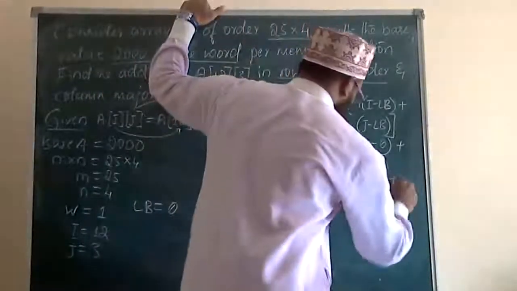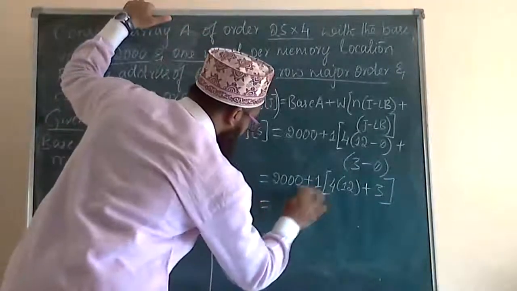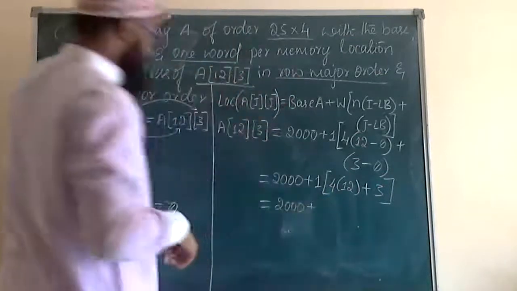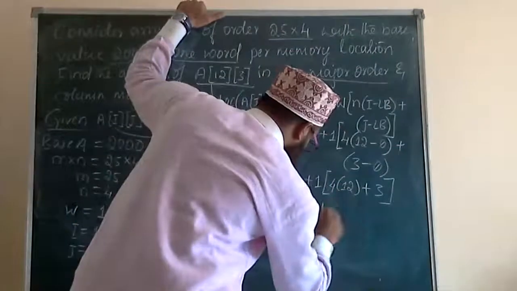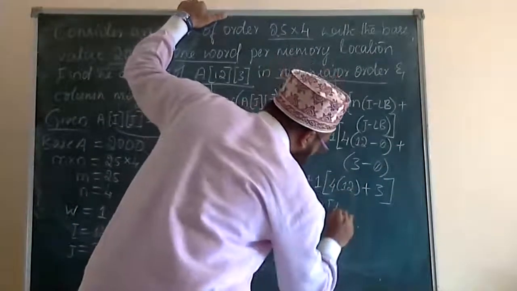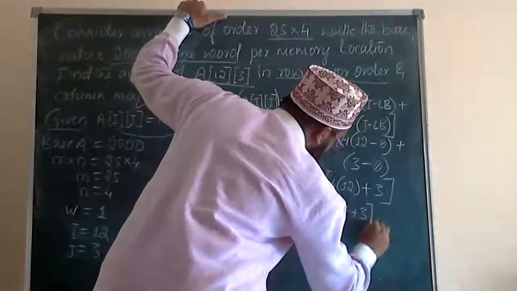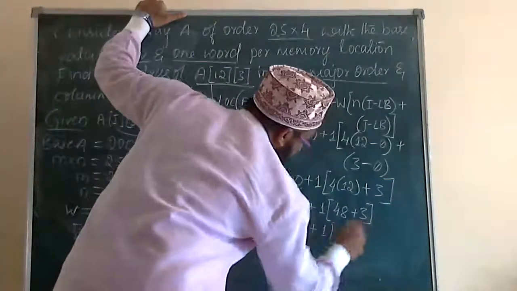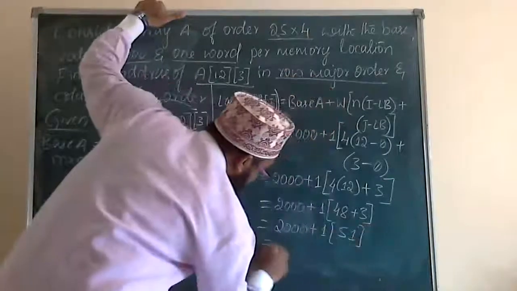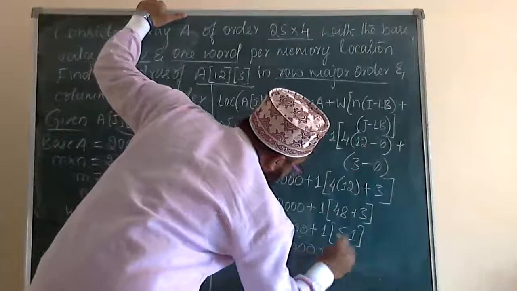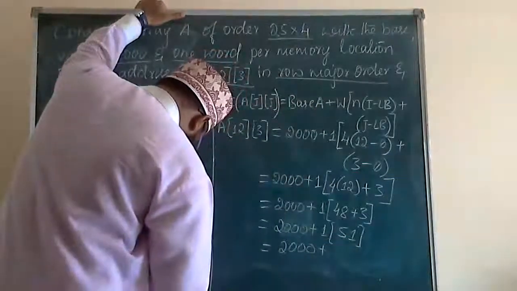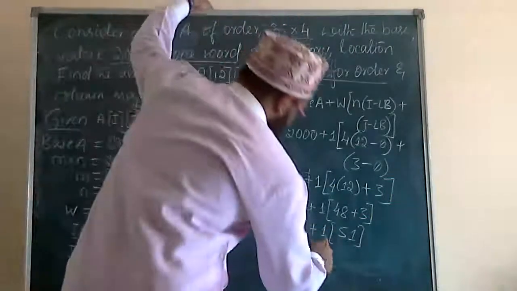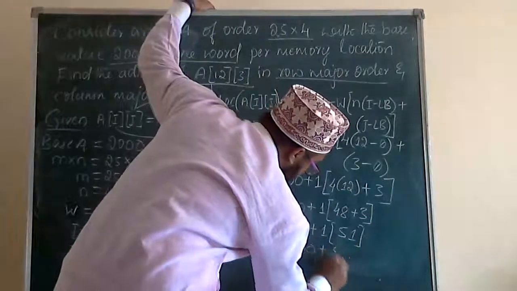So 2000 plus 1 into 12 fours are 48, plus 3, which is 2000 plus 1 into 51. 51 into 1 is 51.